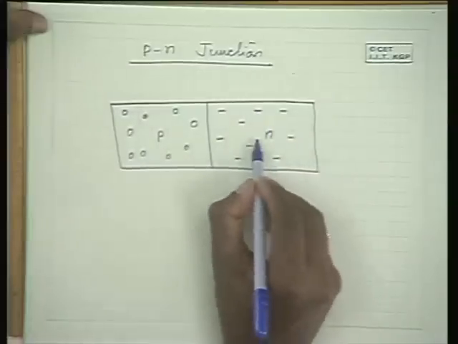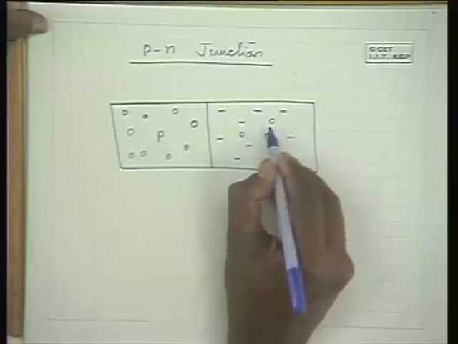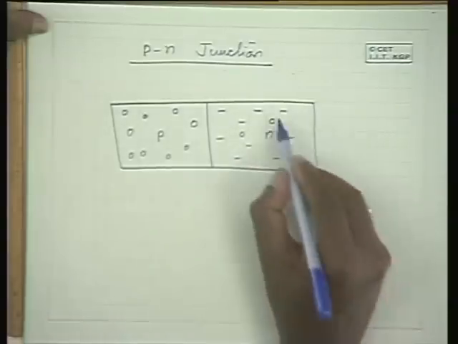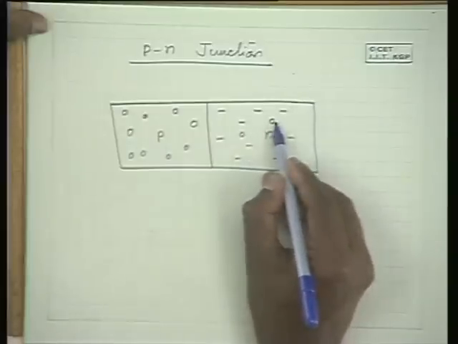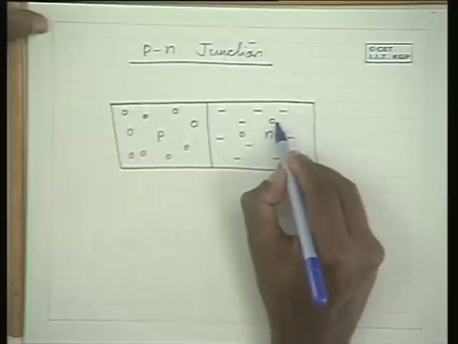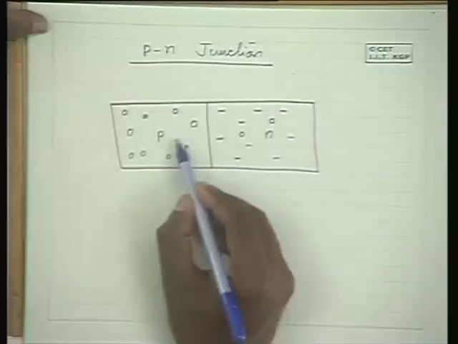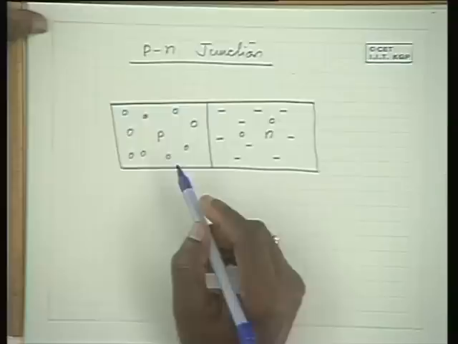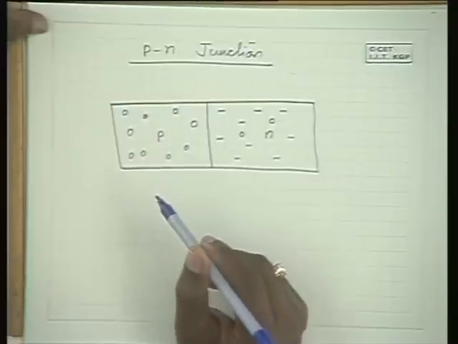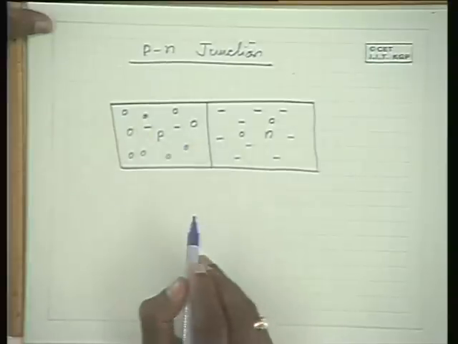Are there holes also? Yes, some minority carriers which are really minority, like in the example we considered, where this is of the order of 10 to the power of 13, this is of the order of 10 to the power of 7. So holes are minority carriers in an n-type material, and the electrons are majority carriers. Similarly for the p-type material, the holes are the majority carriers and the electrons are the minority carriers.